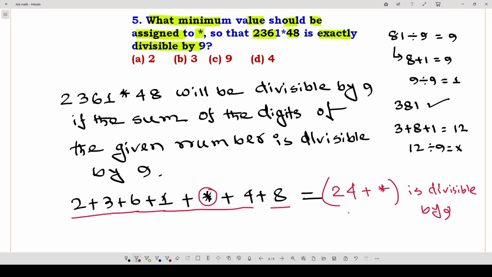So here it is asked what minimum value. So which one can we input in here?